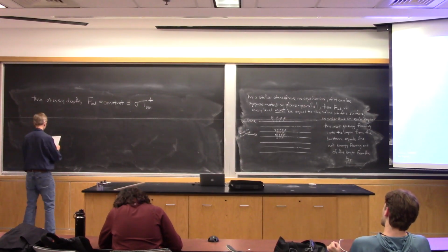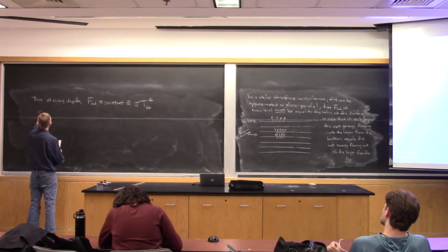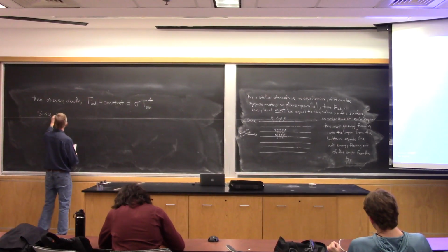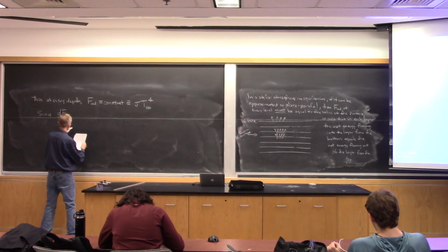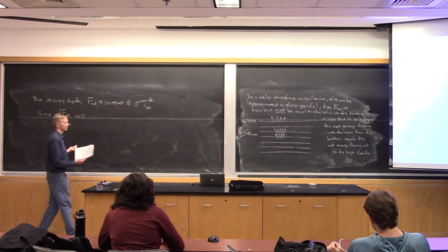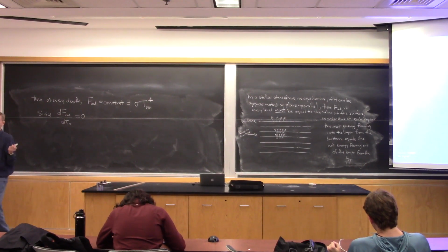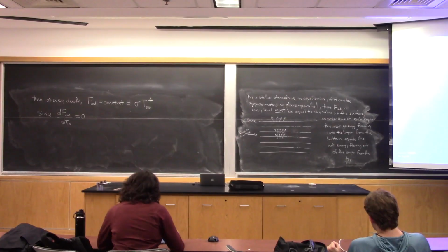So, since F rad is constant, that says dF rad d tau b is equal to 0. Right? The derivative of a constant is 0. If you don't know that, go back to calculus.